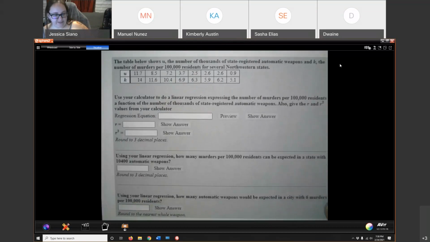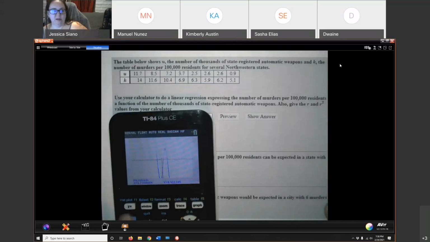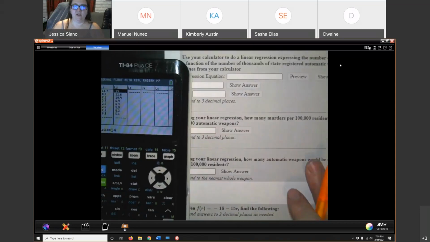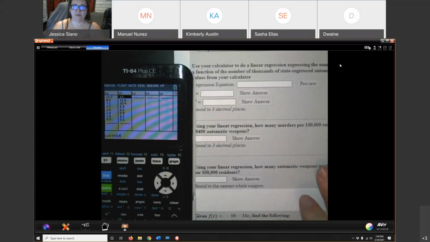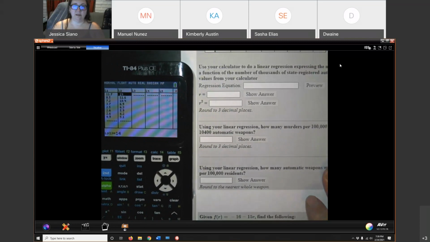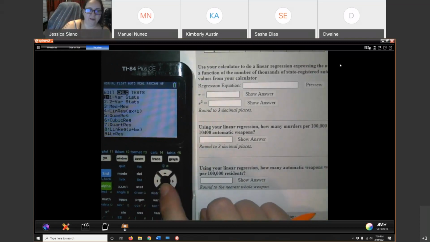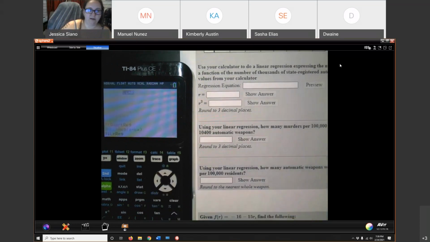I already have these numbers in my stat list. So stat edit, they're already there. So let's remind ourselves that to get the equation, we just did this on Monday, that we go stat, calc, linear regression.